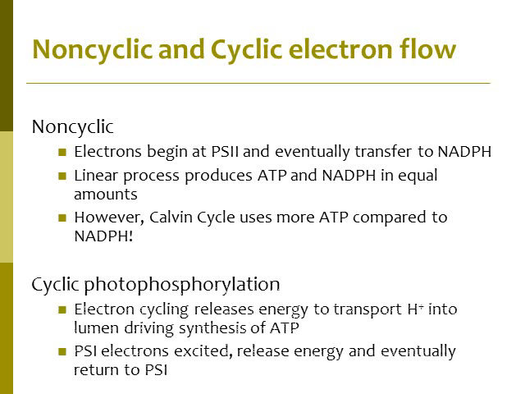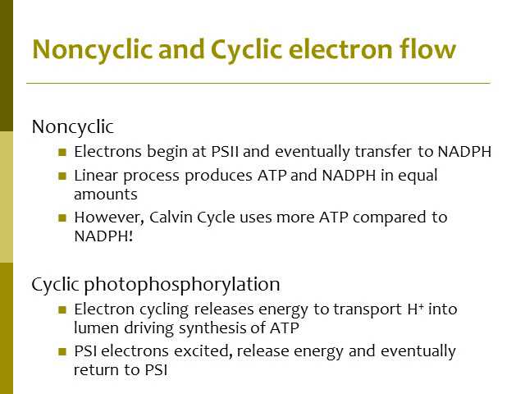In order to create a few more ATPs, we do what's called cyclic photophosphorylation. Instead of starting in photosystem 2 and ending up in NADPH, these electrons go back a little bit in our electron transport chain, and they're used to pump a few more hydrogens across into the thylakoid lumen.